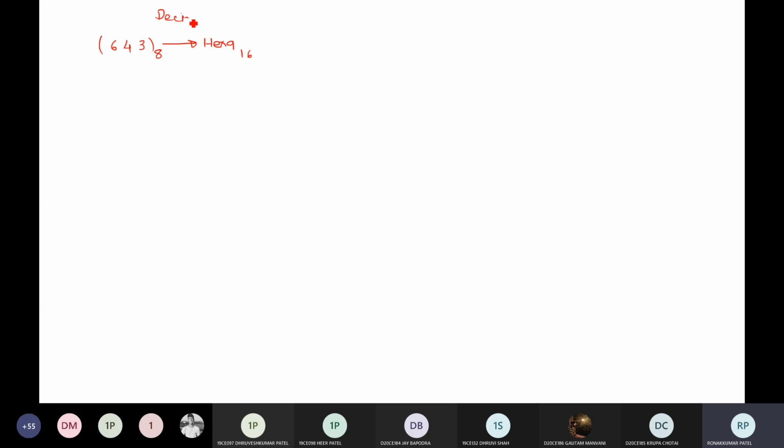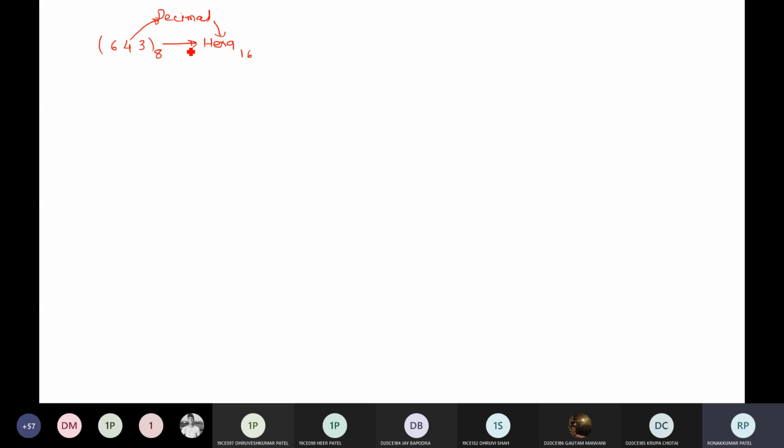Got it? Decimal. So we know this decimal to any number and from any number to decimal. That's why we are taking the help of decimal right now. So convert this octal into decimal and decimal to hexa.